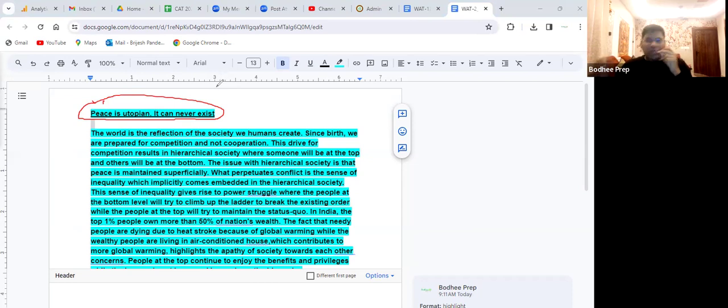If you ask me which is going to get you more marks, supporting or criticizing, it all depends upon how many points you have for supporting or for criticizing. Suppose someone tells me to please write an essay that human beings are selfish creatures. I would find more points in support of that topic.